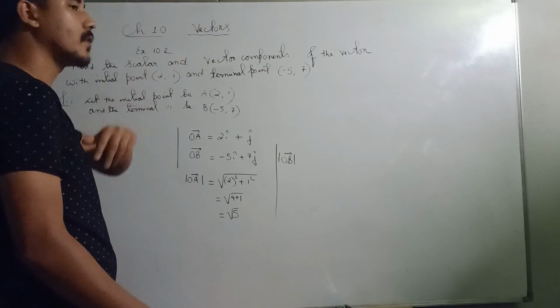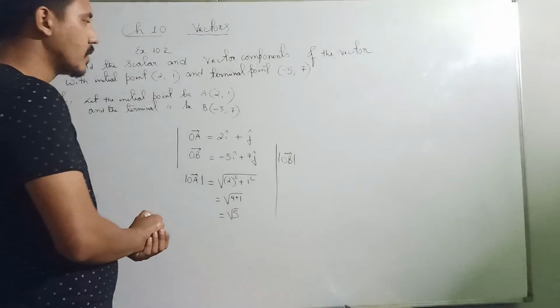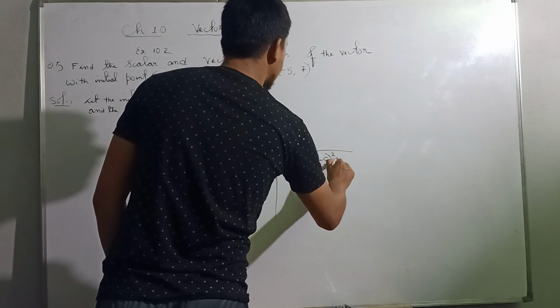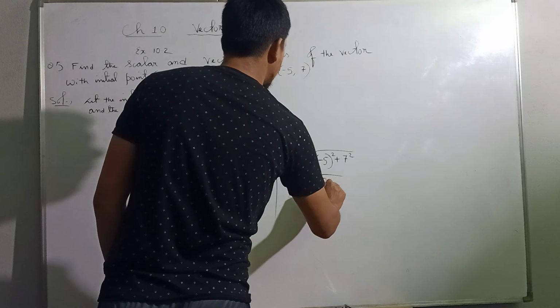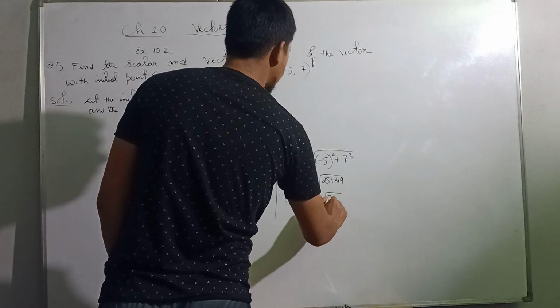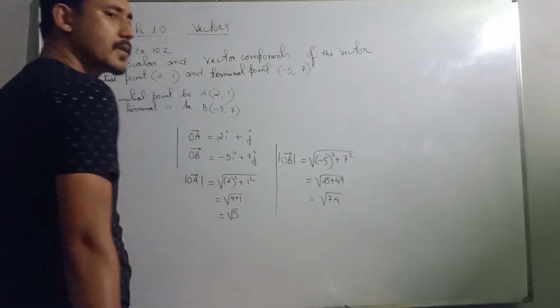Scalar component means you find out their magnitude. It will be square root of minus 5 squared plus 7 squared. 25 plus 49, how much will that be? 74. Can you check the answer?